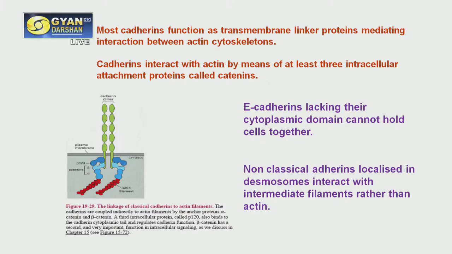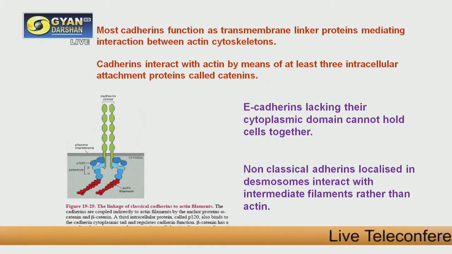So both the head portion and the tail portion are equally important. If you delete the tail portion, what will happen? It will not anchor with the actin. If you delete the head portion, what will happen? It will not mediate anchorage with the adjacent cell.